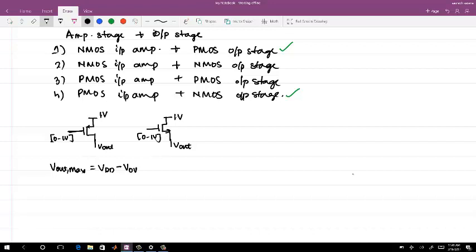NMOS in saturation, the VDS should be V overdrive. So if you are just looking at VDS, your V out is VDD minus V overdrive in both cases. But in order to have V out equal to VDD minus V overdrive in the NMOS case, what should be the gate voltage?